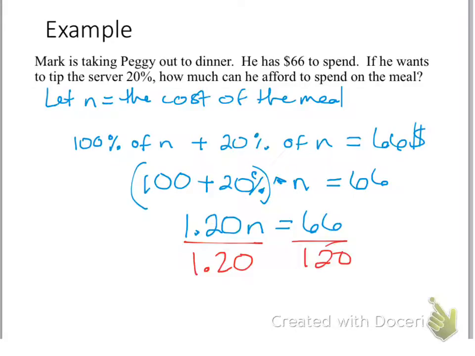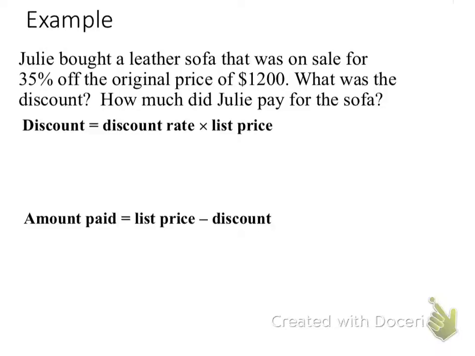That means that he could spend $55 on the meal. And if we did the math, we would see that the tip would end up being $11. Remember, 55 times 0.2 or 20% will give us the tip $11. So that's a bit more complicated. It's an application problem.